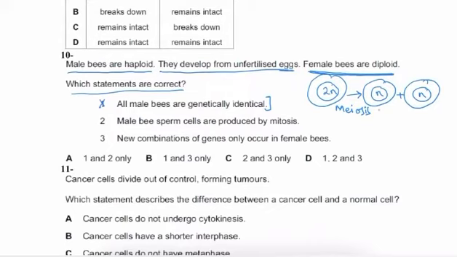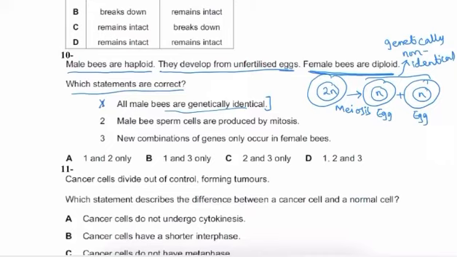So these are the eggs, some of which will develop into the male bee. For example, these two eggs are genetically non-identical. So if these two eggs develop into male bees, the male bees will be genetically non-identical as well. So this statement is wrong, that all bees are genetically identical.